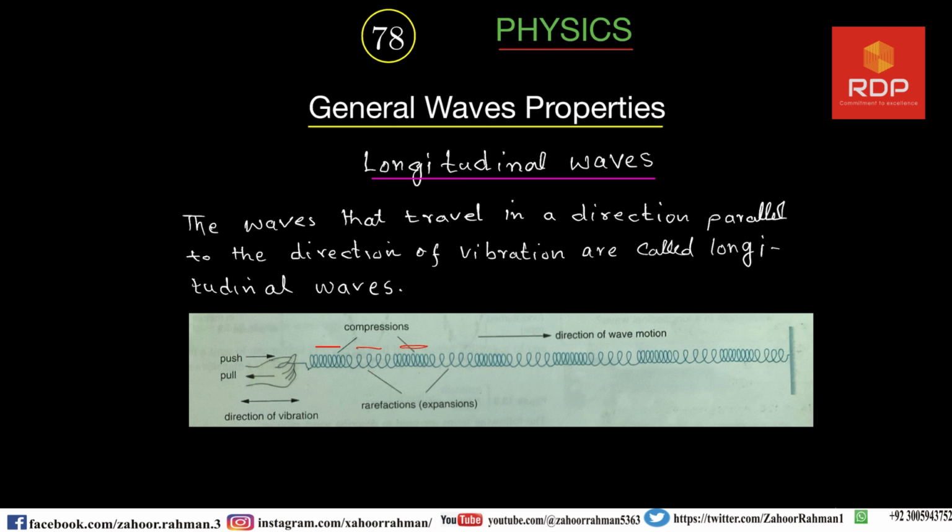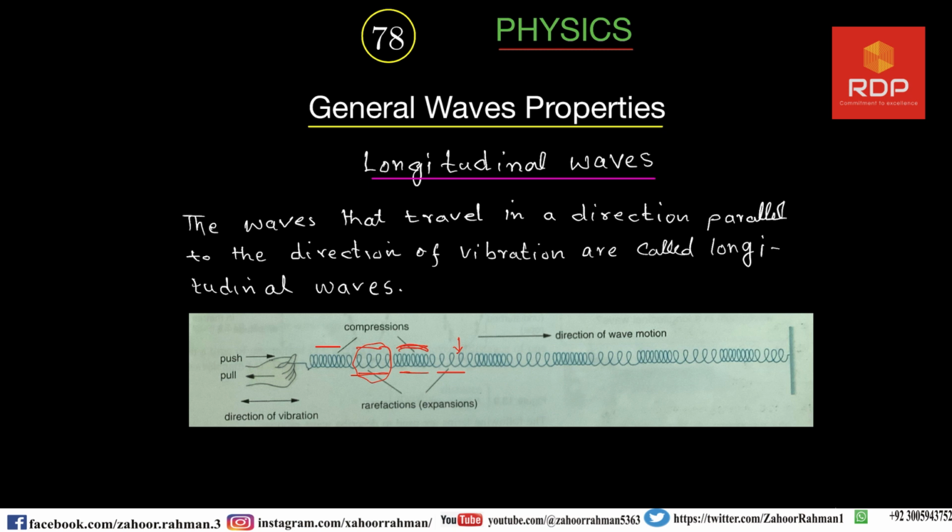And when this area is compressing this by itself, it will again become a rarefaction, and this will be compression. So they will push again the neighboring area, and this will become compression, and as a result this area will become rarefaction. So in this way the wave is moving forward.